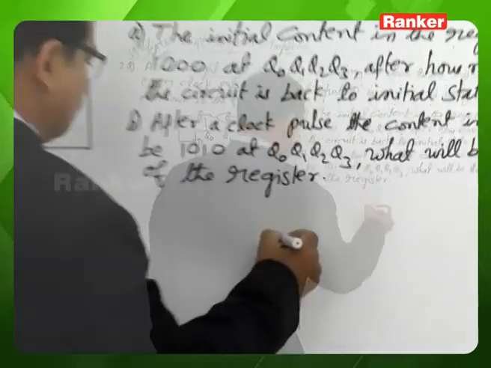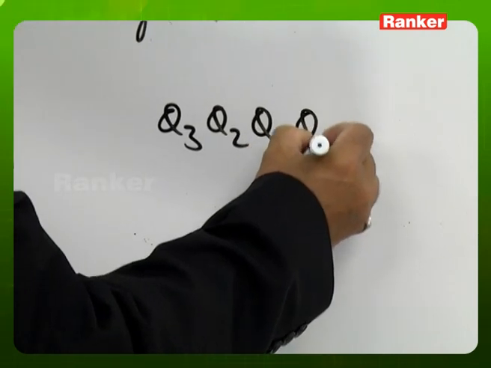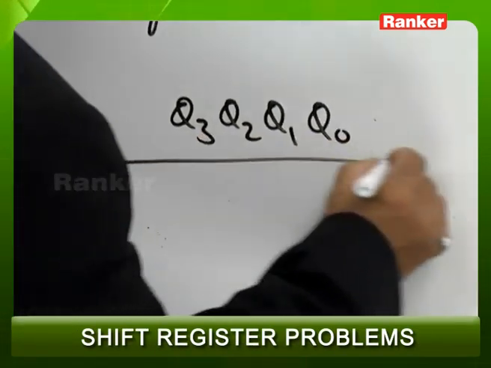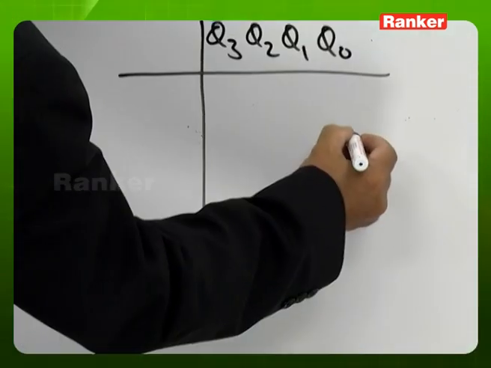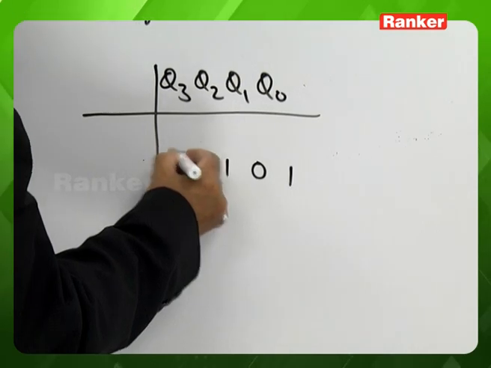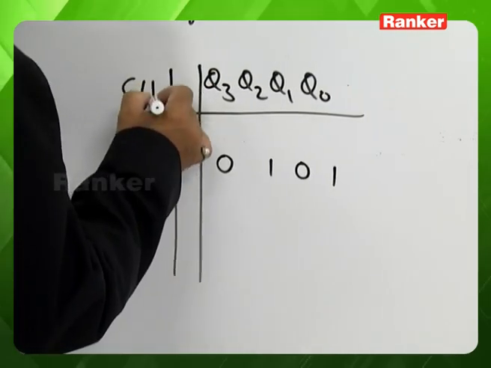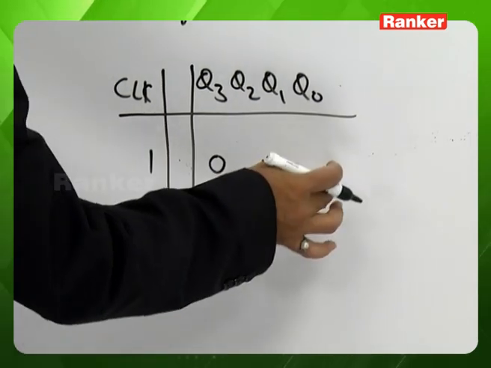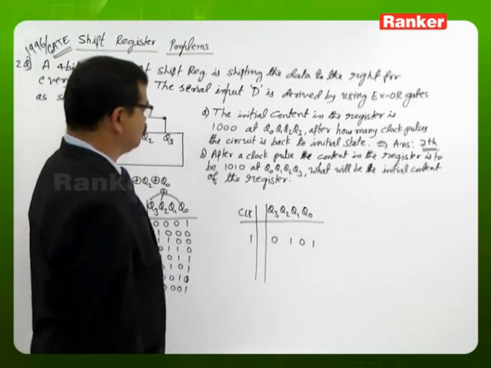Based on the question description, after a clock signal, the content in the register is to be 1010 at Q0, Q1, Q2, Q3.